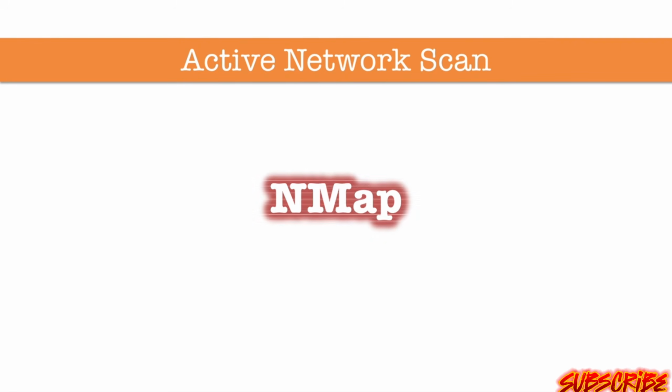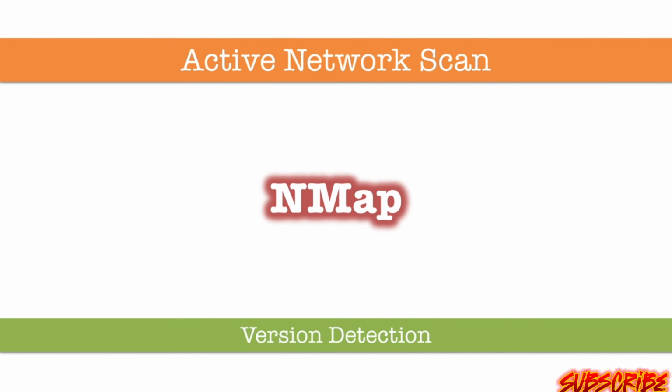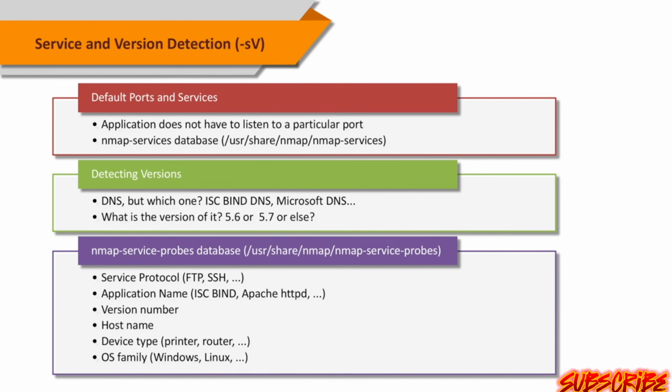Now is the time to find out the services which are listening to those ports and the version of those services. In addition, let's detect the operating systems running on those systems. Suppose that you ran an Nmap query and it told you that ports 25 TCP, 80 TCP, and 53 UDP are open.